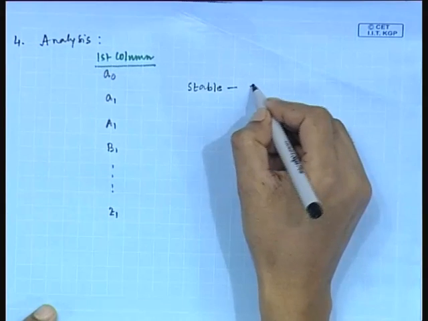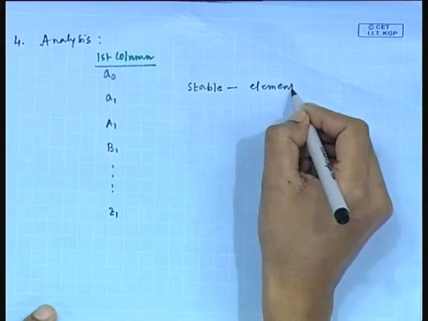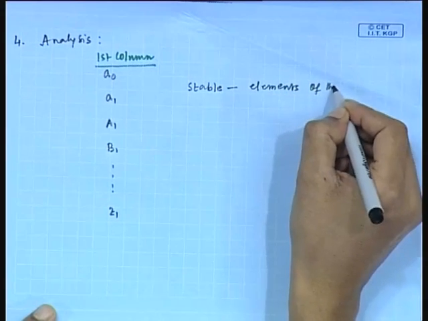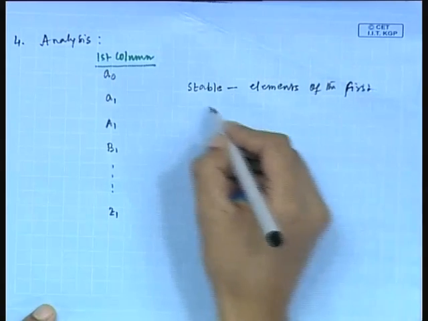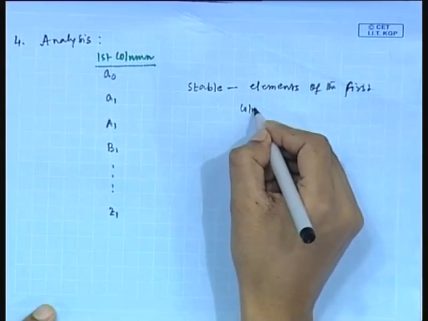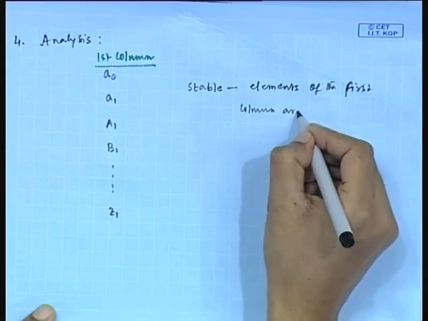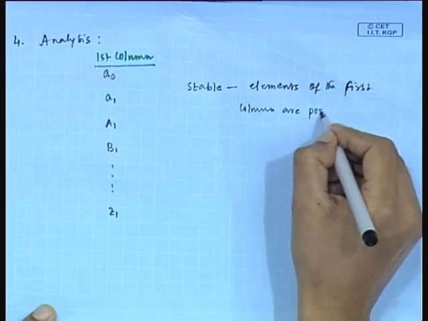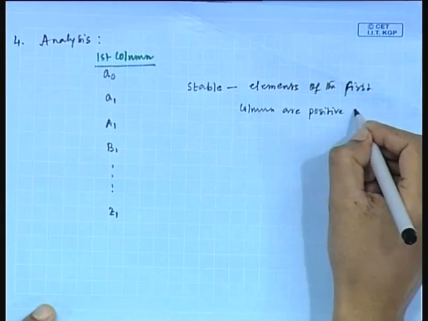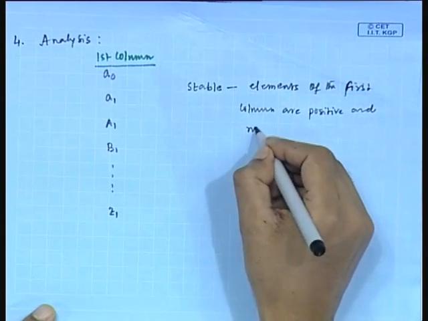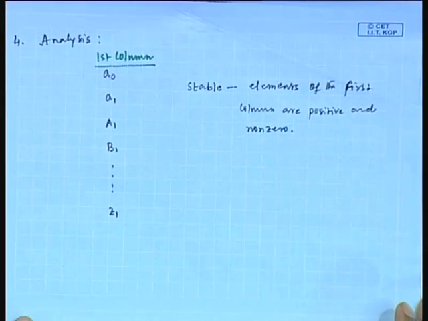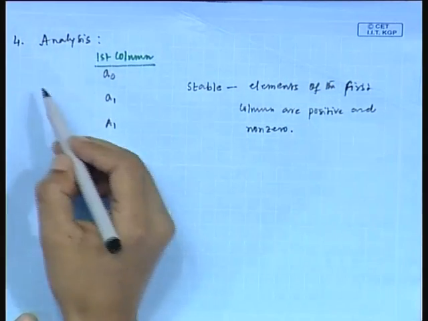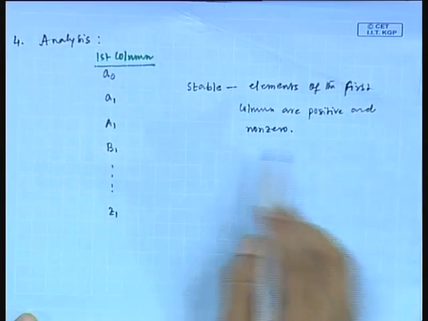All the elements of the first column are positive and non-zero. Fine. So, this is one point.